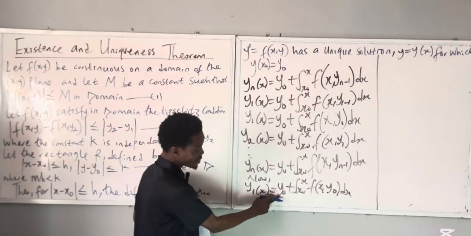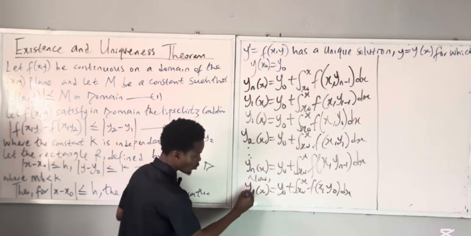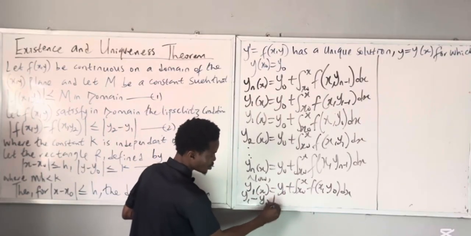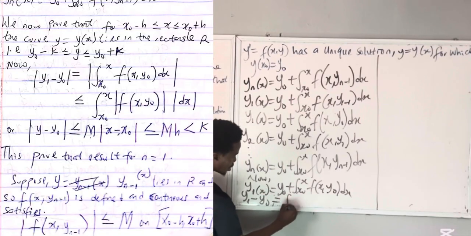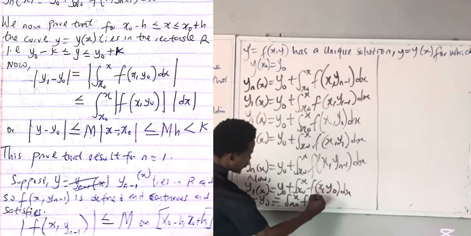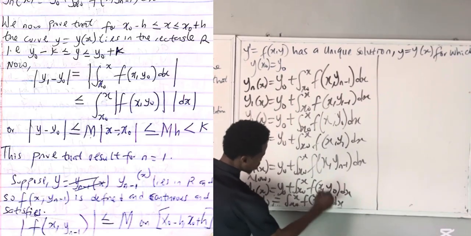They take y naught on the right hand side to the left hand side, so I'm going to have y1 minus y naught, which will give me the integral from x naught to x of f of x, y naught, dx. This is what they did there.